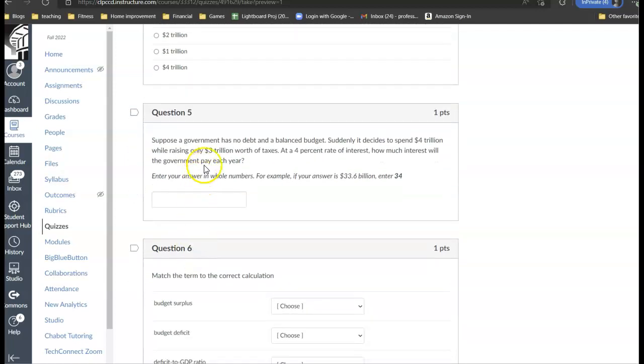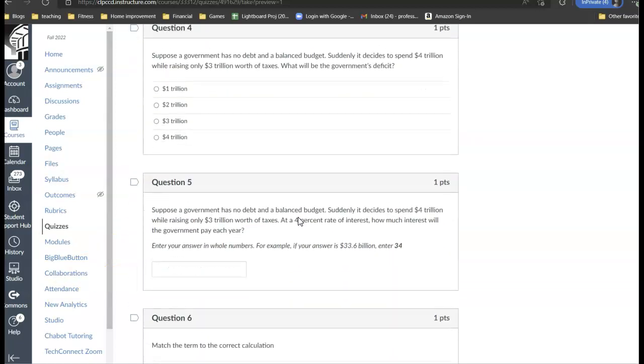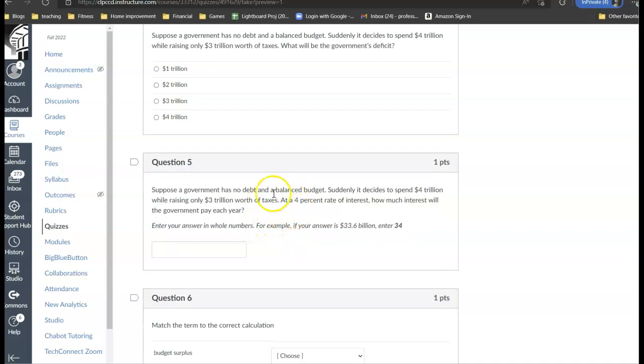For question number 5, suppose the government has no debt and a balanced budget. Suddenly, it decides to spend $4 trillion while only raising $3 trillion worth of taxes at a 4% rate of interest. How much will interest be on the government pay each year? Well, again, let's go back to the textbook. You're borrowing $1 trillion.